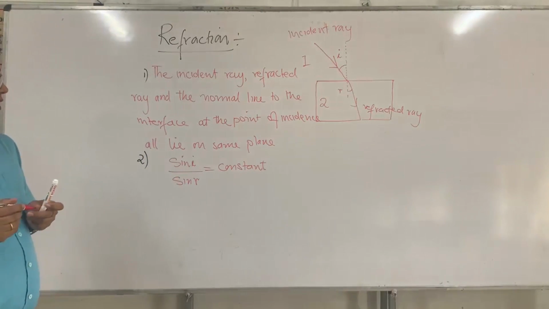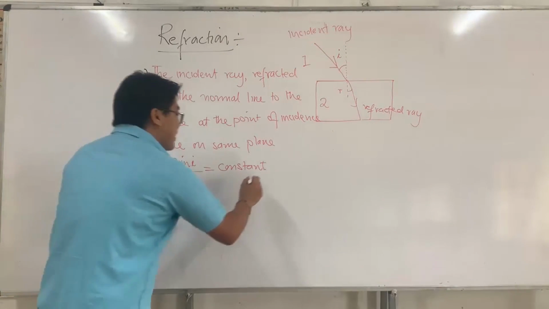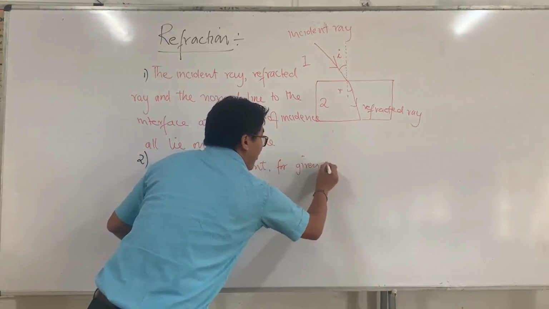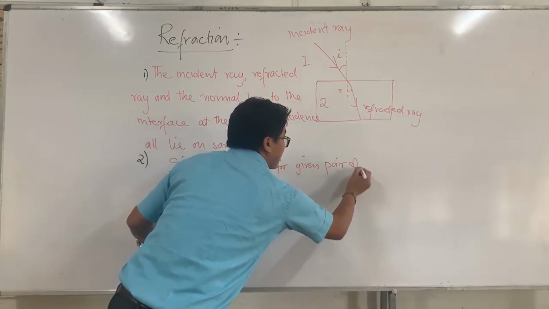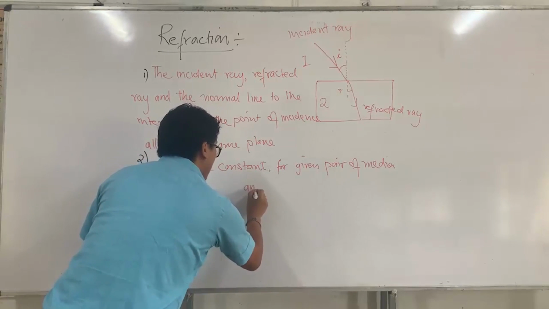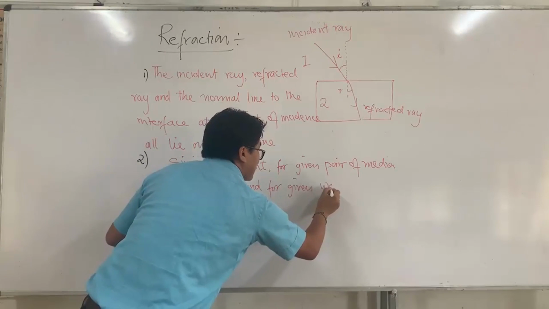Always constant. And again, a very important point you have to keep in mind is this is a constant for a given pair of media and for a given wavelength of light.